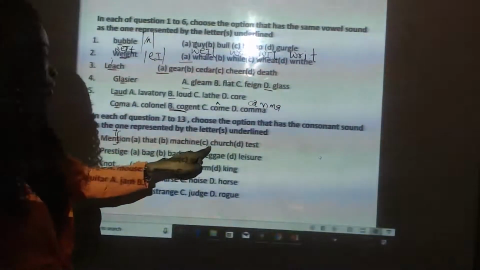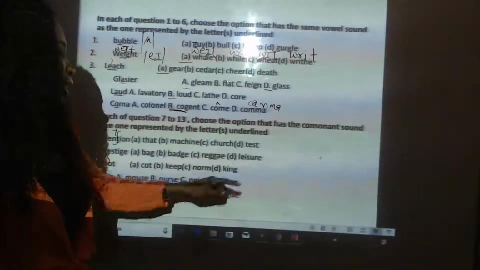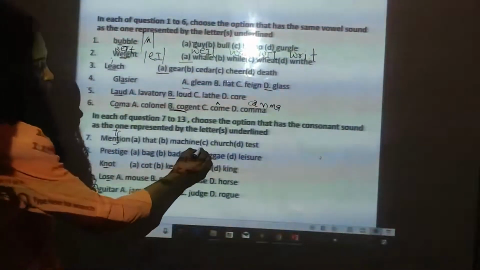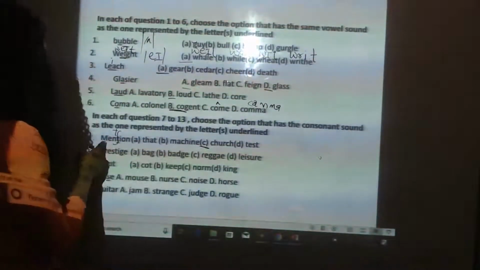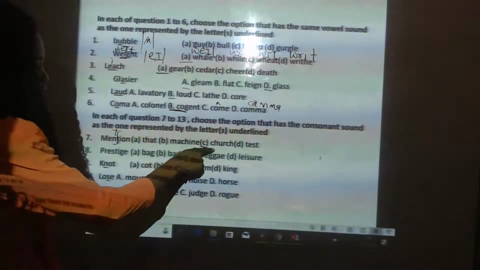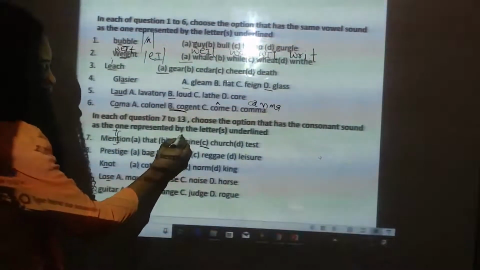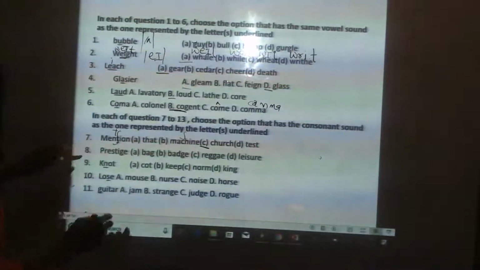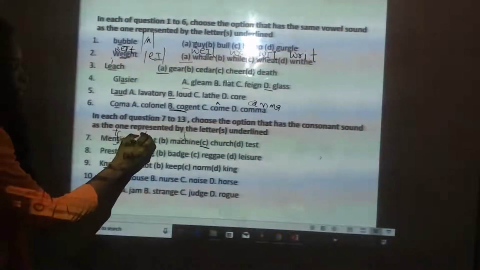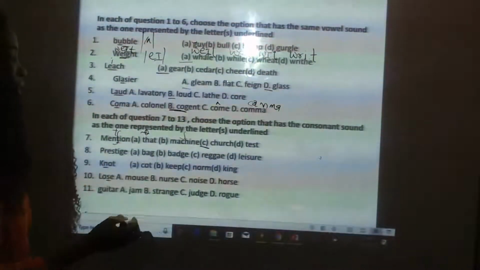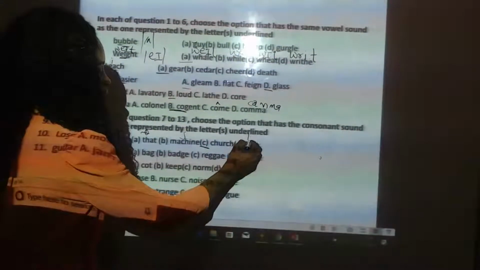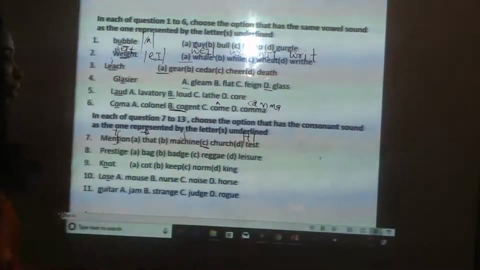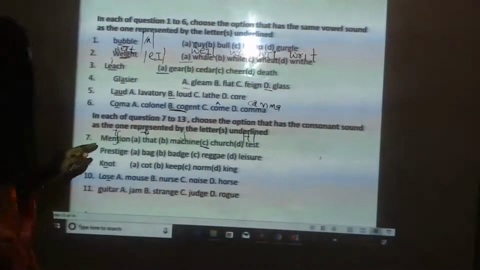C, church. D, test. The answer here is what? Church. Mention. Church. Machine here is giving us sh alone. Why that here is giving us this sound. Test here is giving us this sound. So the right answer is church.